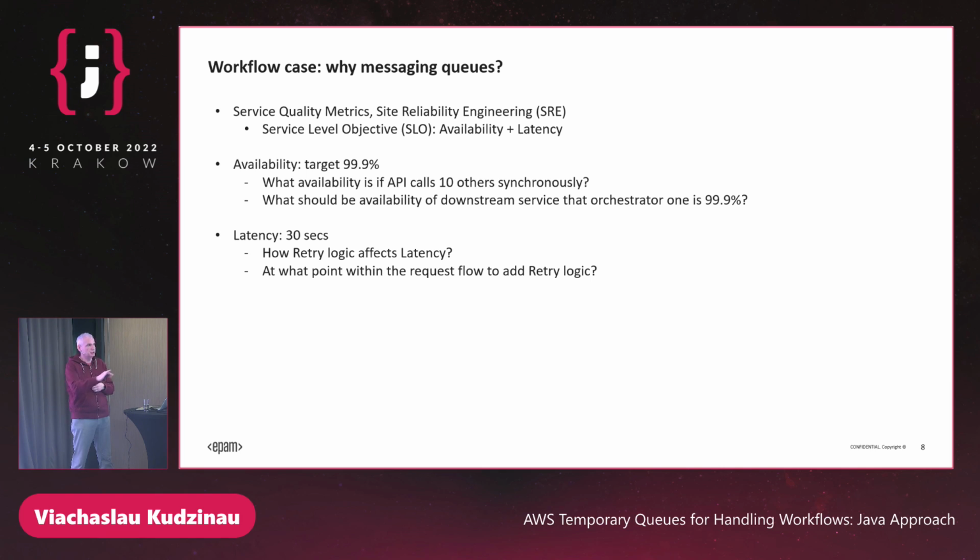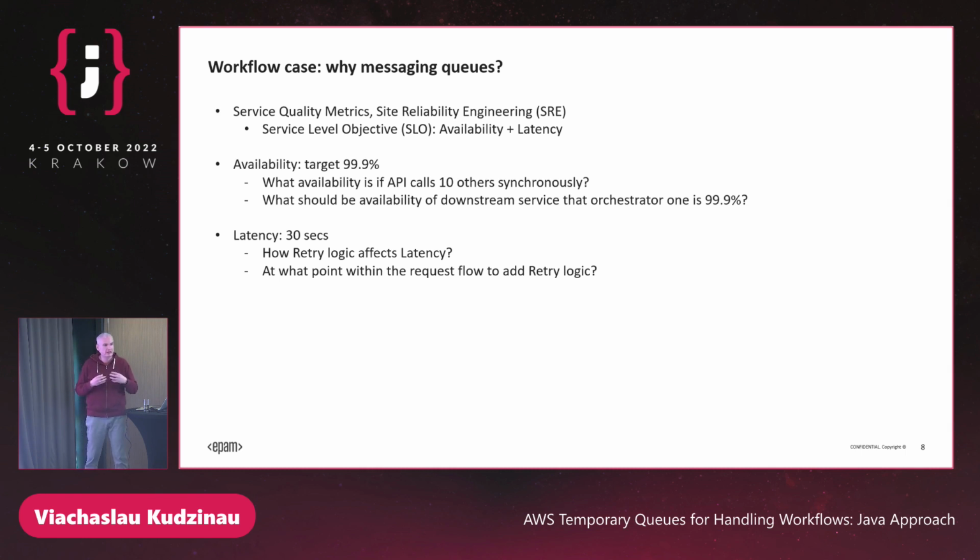Site reliability engineering. Okay, very good. This comes from Google, and it's basically about establishing a service level objective for our service, then defining service level indicators and defining a service level agreement.